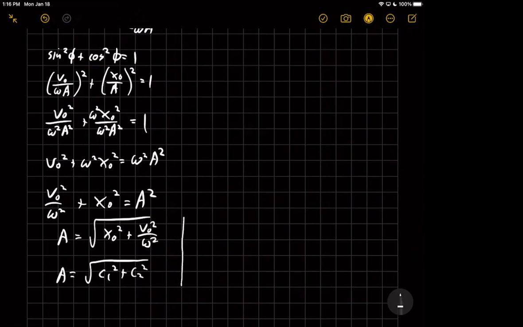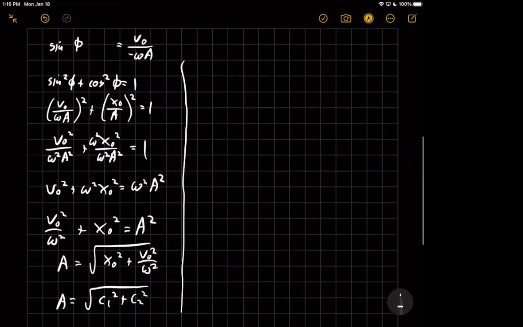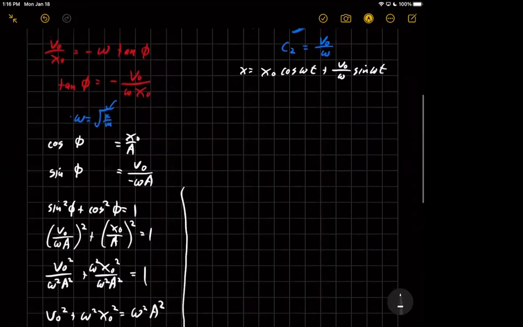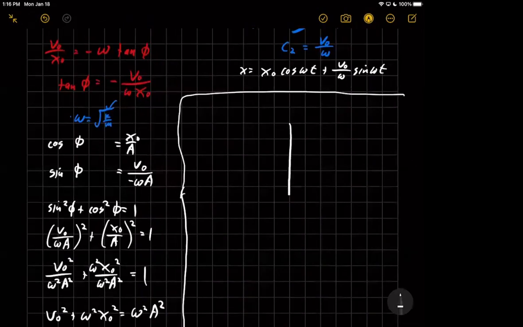Now, let me show this relationship in another way using phasors. All of you should be familiar with the idea of real and imaginary numbers, and we can draw something called the real and imaginary plane. This is where the phasors come in.